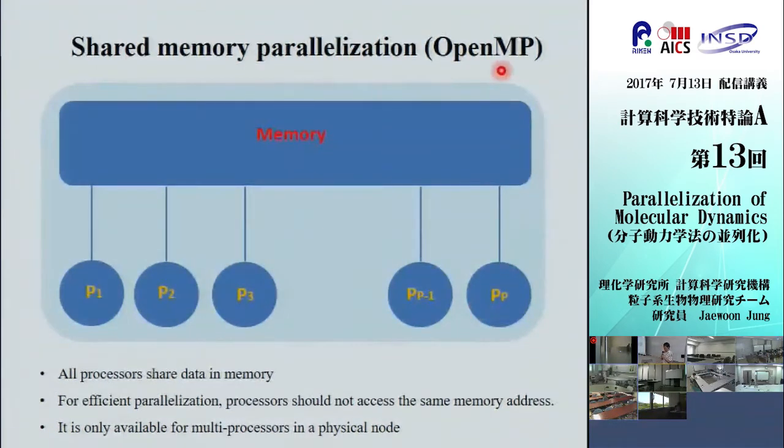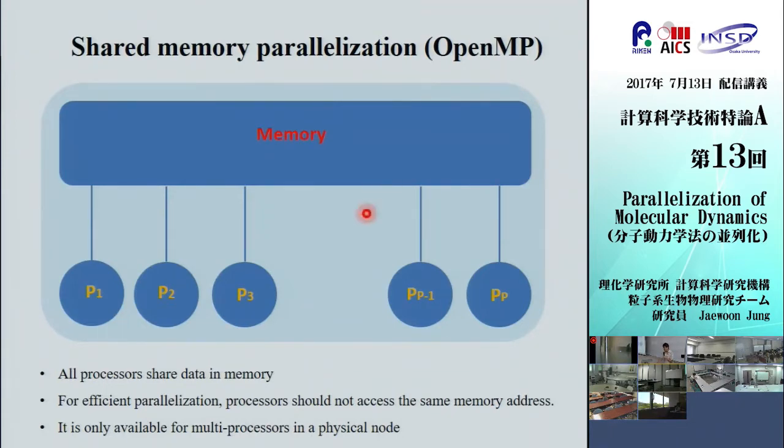In this case, it's very easy to write. And you don't need to design the whole structure. You can just consider the kernel, and you can easily parallelize the kernel by using this OpenMP. But in this case, you should keep in mind the memory usage.